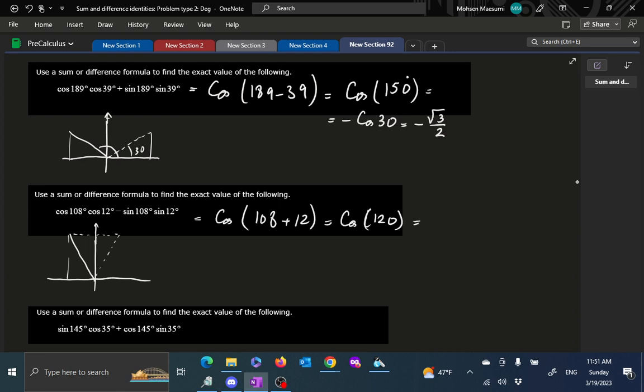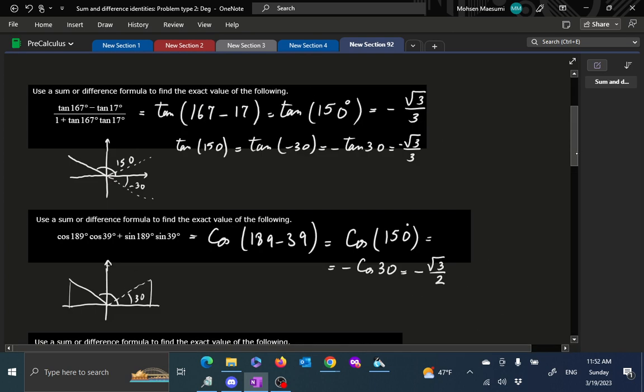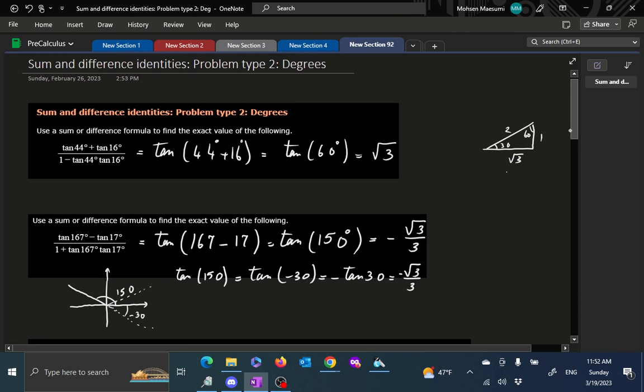But now the issue is that cosine of 120 and this one will be 60. One is positive, one is negative. This is minus cosine of 60, and so that's going to be minus a half. Cosine of 60, that one we better know from memory. Or remember this triangle, adjacent to hypotenuse, 1/2.